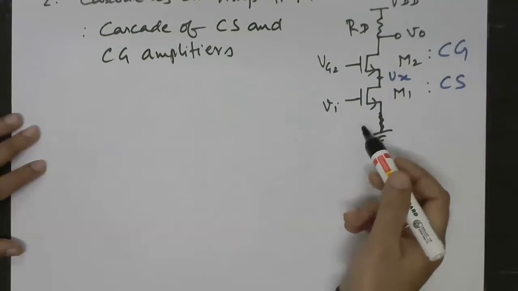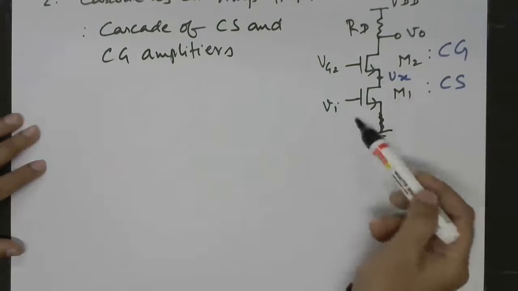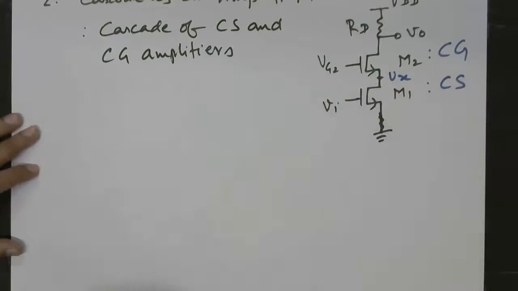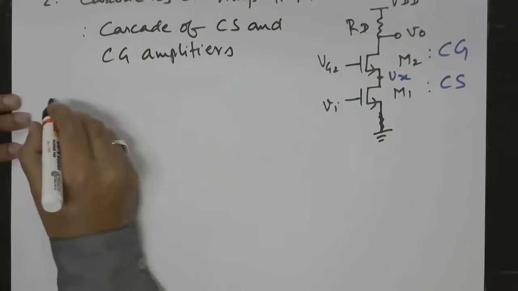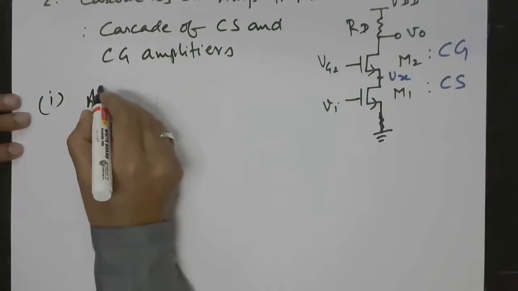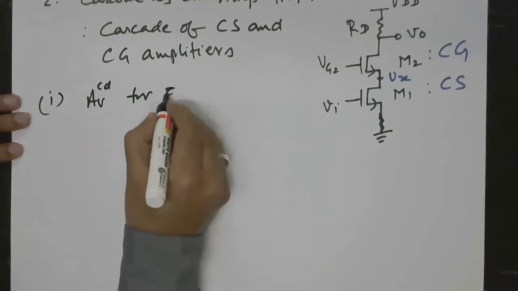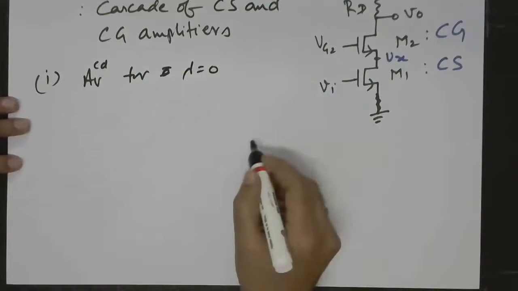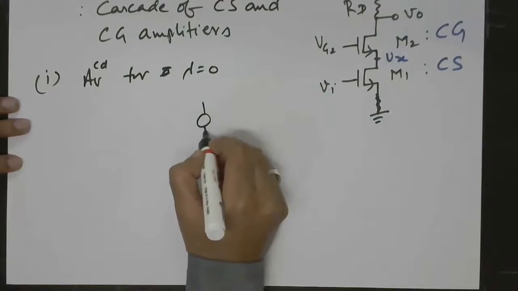Similarly here also, quickly we can see that if we neglect the channel length modulation, then there will be no advantage offered by this configuration over a single common source case. So just to convince ourselves, AV, the voltage gain of the cascode for lambda equal to 0. So in this configuration, we simply substitute each of the MOS by its model.